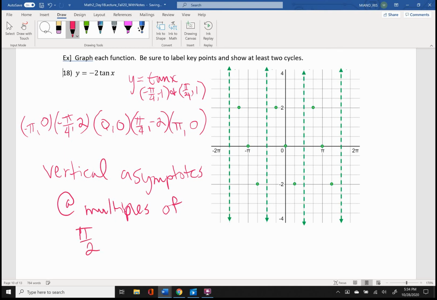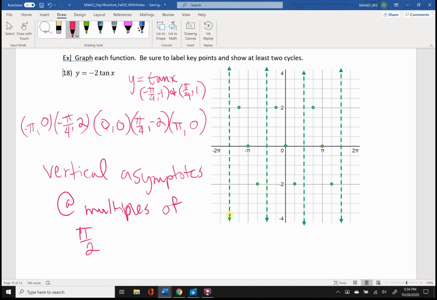Okay, so that's what these green dashed lines are. So here I have plotted, here's 0, 0 right there. Here is pi over 4, negative 2. Here's negative pi over 4, positive 2. And here is negative pi, 0 and pi, 0, okay?